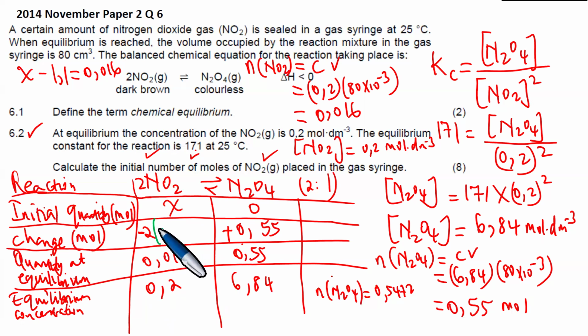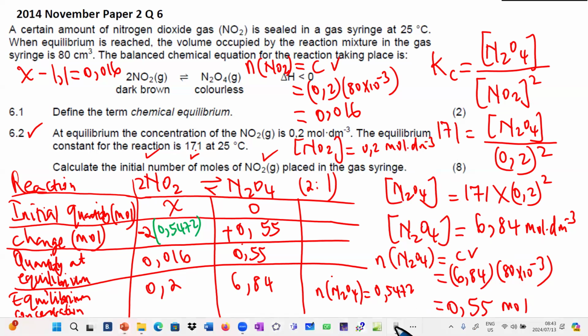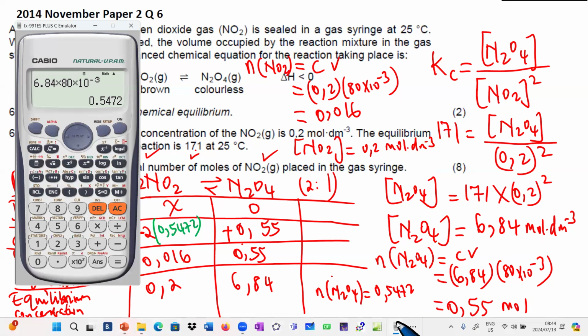The changes are not very usual, but it can happen. Now, I want to put an accurate result here: 0,5472 times 2. You'll see why, because sometimes we round off, but we need to keep the accurate answers at the back of our minds.